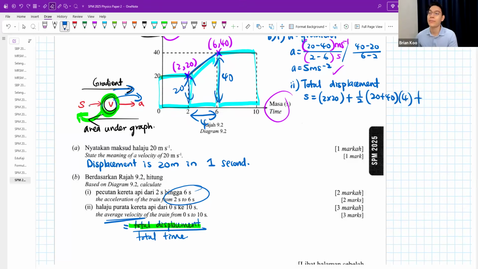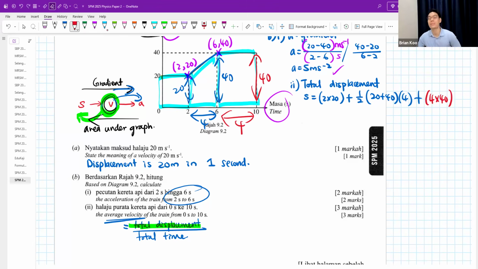Okay, one last one is just a rectangle. This is 4 multiply 40. Okay, just add everything up. That is the total area underneath.